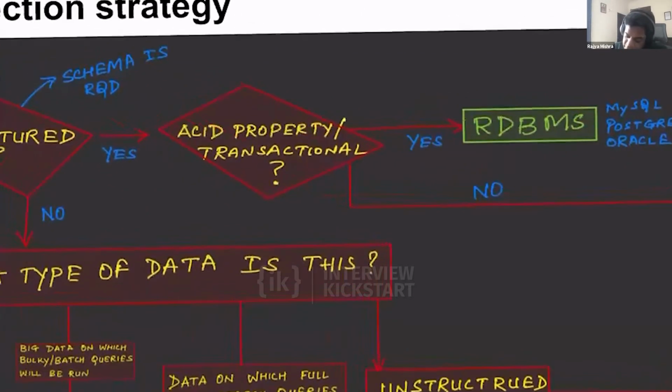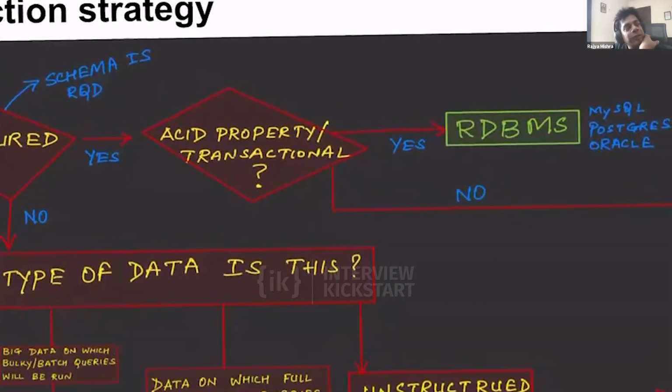Now say that you have a tight schema already, but you do not need transactions. An example could be product listing in an e-commerce website. You know that for a product, there has to be some ID, product's name, description, color, variation, this kind of information. And a vendor is updating that information regularly.